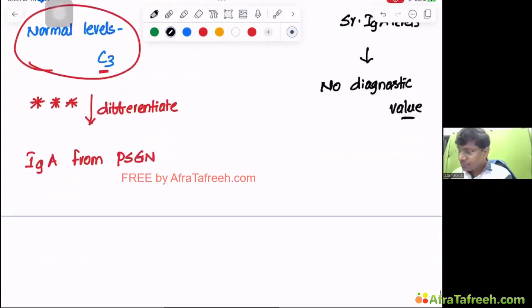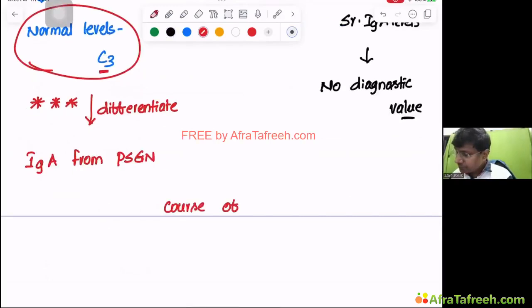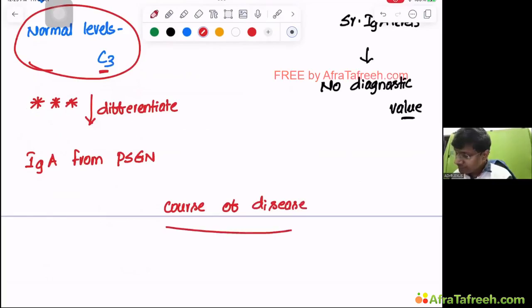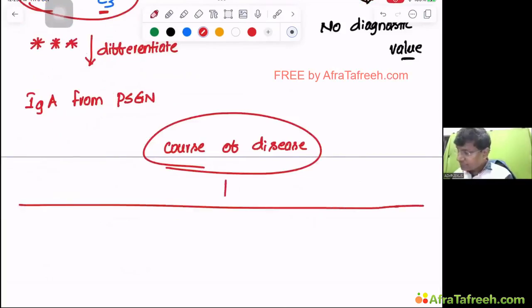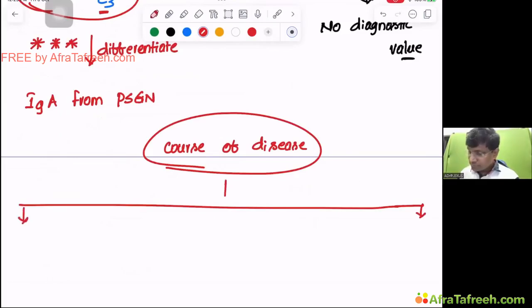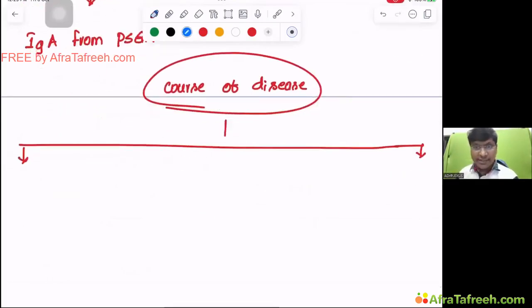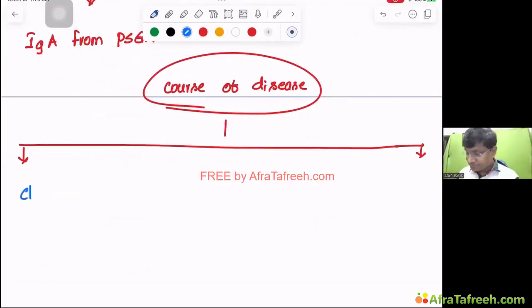Then, how will be the course of the disease? In PSGN, what did we discuss? That recurrence is absent. But here, in patients with IgA nephropathy, which is also called Buerger's disease, you have clinical exacerbations and remissions.